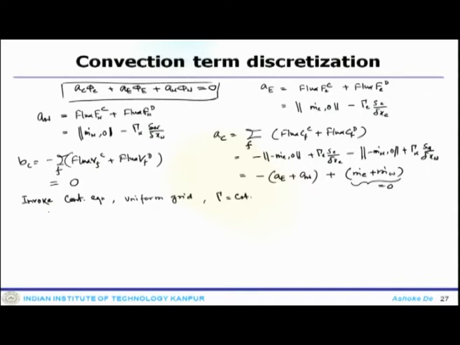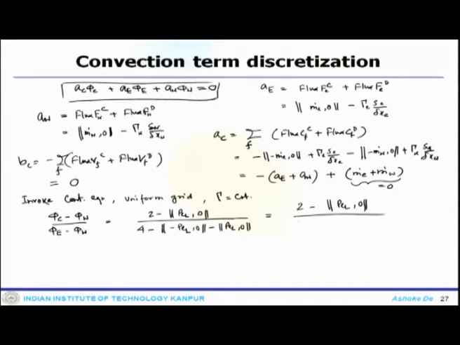Then the value of phi C minus phi W divided by phi E minus phi W equals 2 minus Peclet number over 4 minus Peclet number, which essentially boils down to 2 minus 0 divided by 4 minus Peclet number.